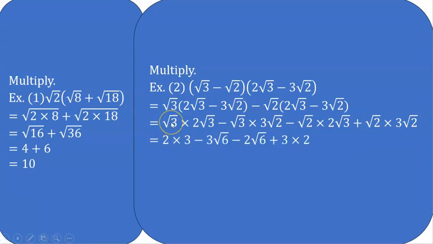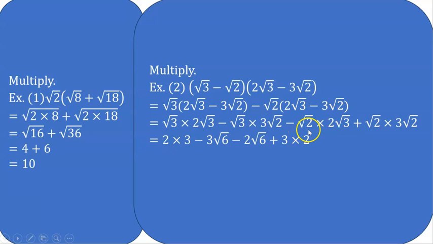Now see this here. Root 3 into root 3, you will get 3, then 3 into 2, you will get 6. Next multiplication, 3 root 3 into root 2. Root 3 into root 2, both of them have the same order, so we can write root of 6. Next multiplication, 2 root 2 into root 3.